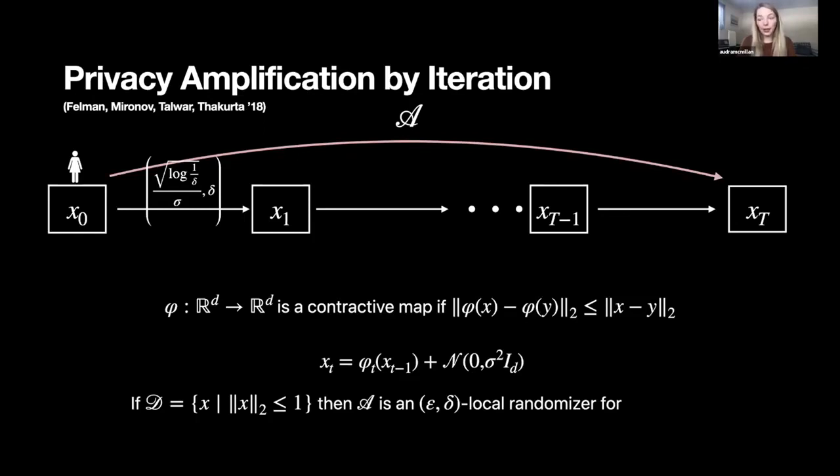My naive analysis would say, okay, the first step is that private, and the rest of it is just post-processing, so it can't reduce my privacy. So I just get my final privacy guarantee being this.